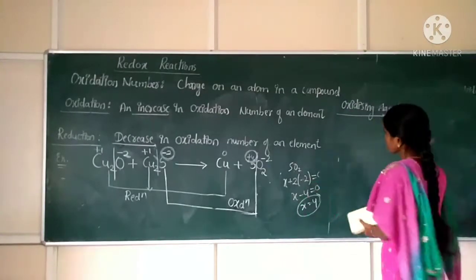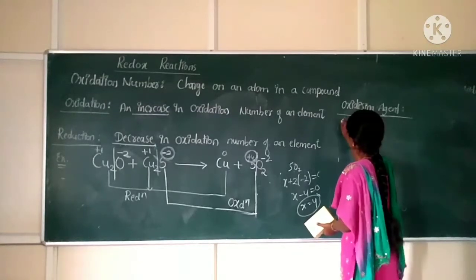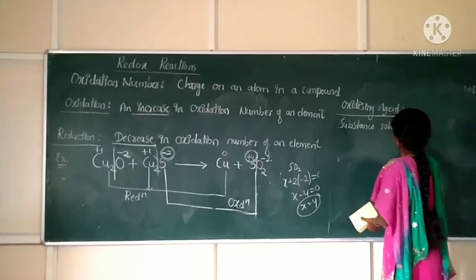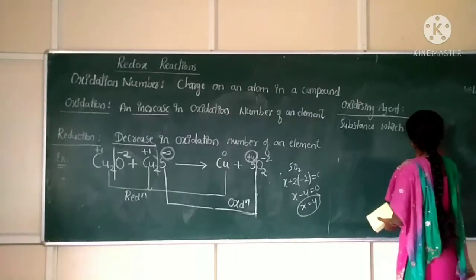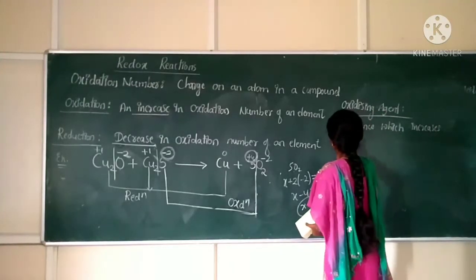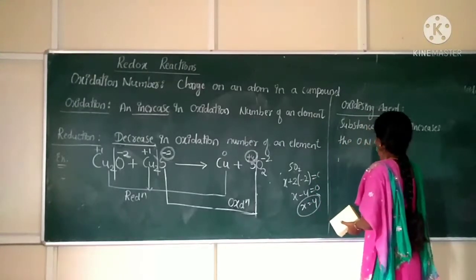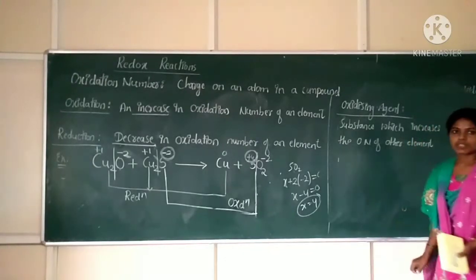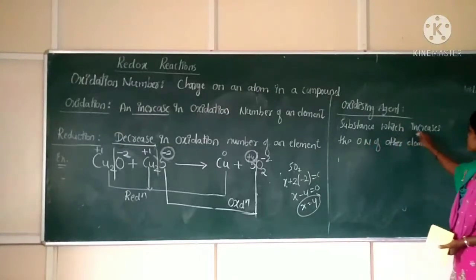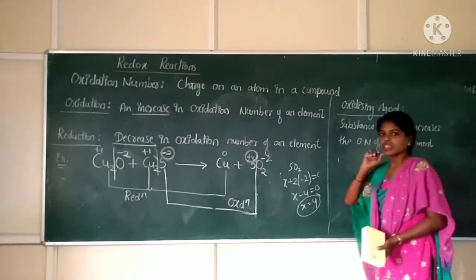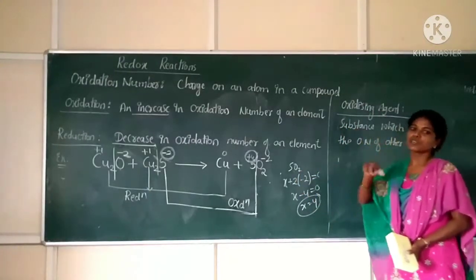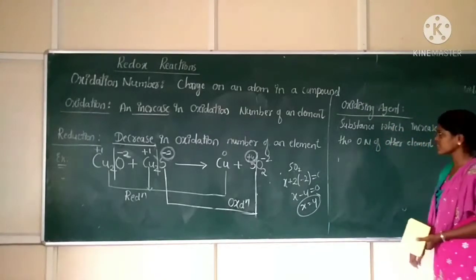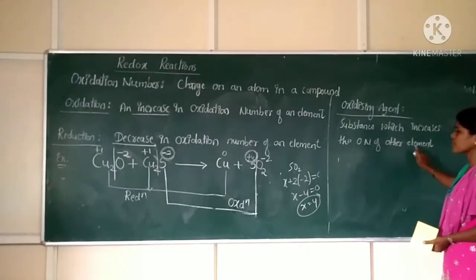A substance which increases the oxidation number of another element. If one substance increases the oxidation number of another substance, what do we call it? We call it an oxidizing agent: a substance which increases the oxidation number of another element.